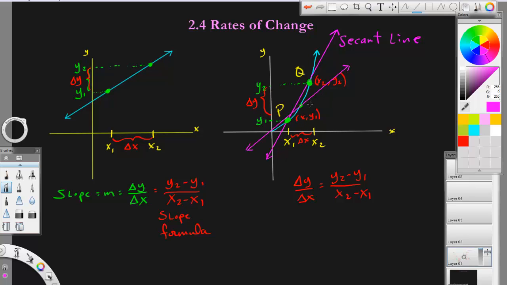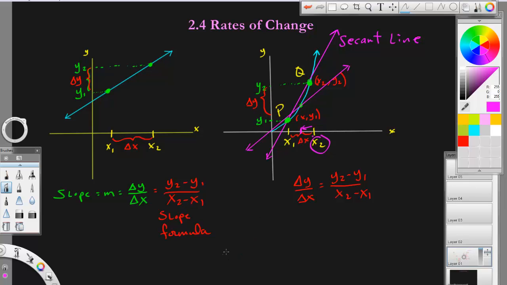And as we shorten the distance, remember, when I pull this green point down here, that's also pulling this value of x2 that way. It's pulling it over here. But as I shorten it down closer, we don't get a secant line anymore. When they touch each other, we have what's called a tangent line.